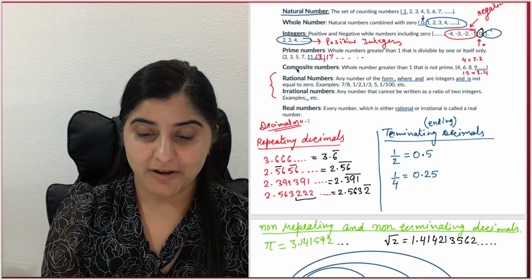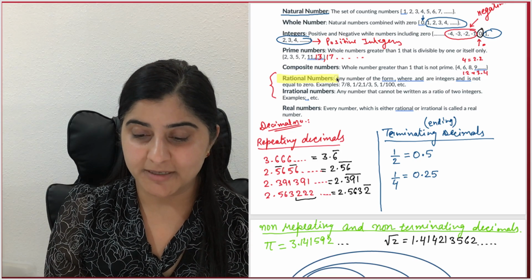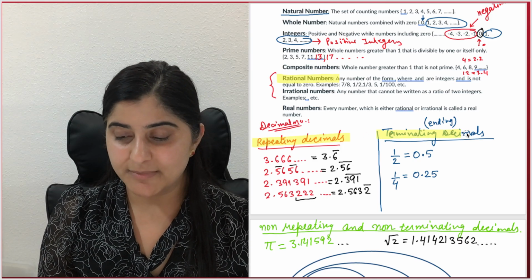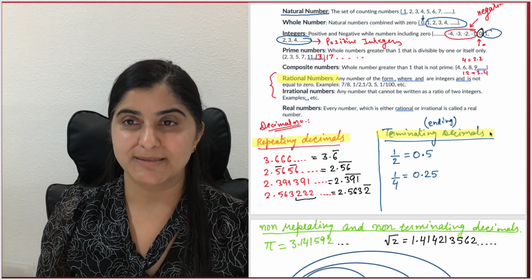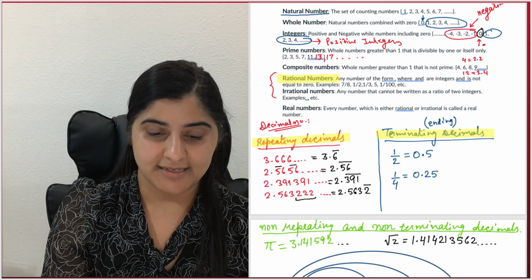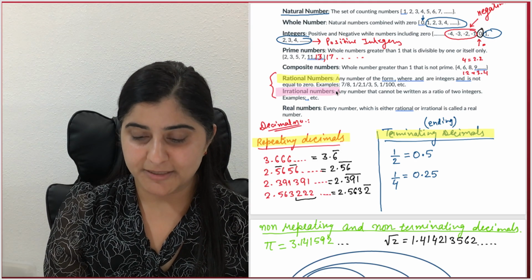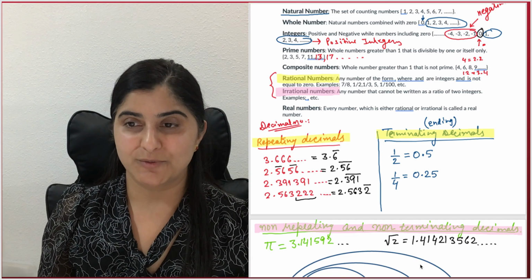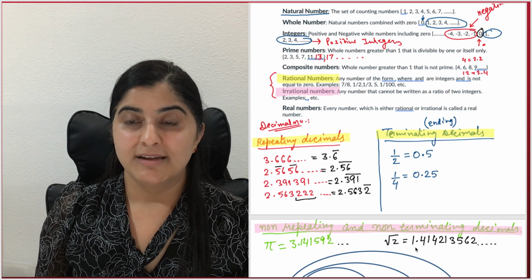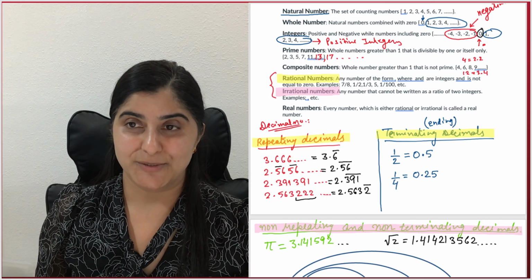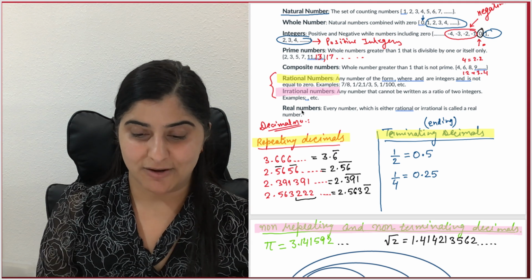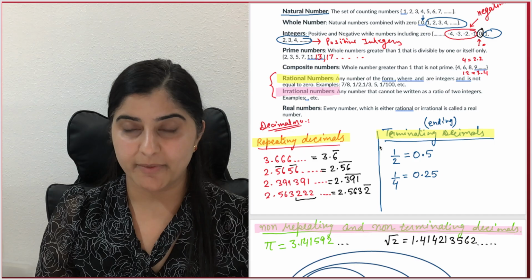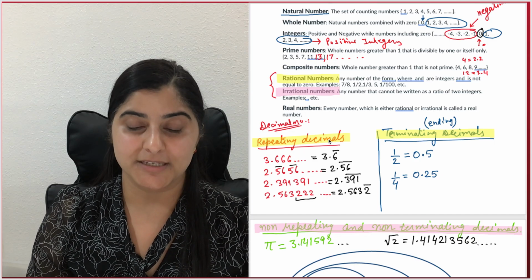Now, since we were talking about rational numbers, rational numbers are repeating decimals or terminating decimals, and irrational numbers are non-repeating, non-terminating decimal numbers. So pi is irrational, square root of 2 is irrational, and all real numbers involve every number that is rational, irrational, integer, fraction.